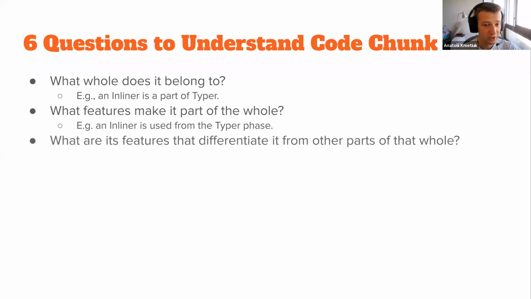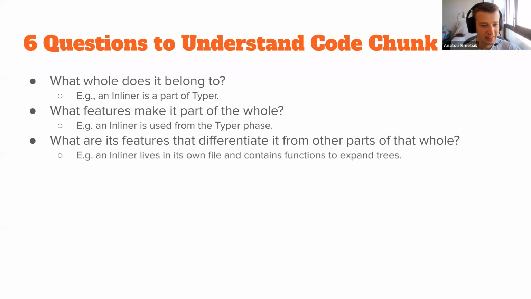The third question that I usually ask is, what are the features that differentiate the part from other parts of the whole? So the idea is that inliner, for example, is not the only piece that makes up the typer. There is also other stuff in the typer, but it might be good to see how the inliner, or any other piece of code that you're analyzing, is different from the other structural pieces of the whole it belongs to.